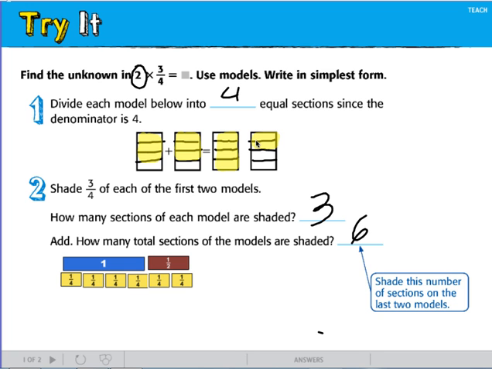So you can see in my answer how much is shaded. There's 6, or 1 and 1/2.